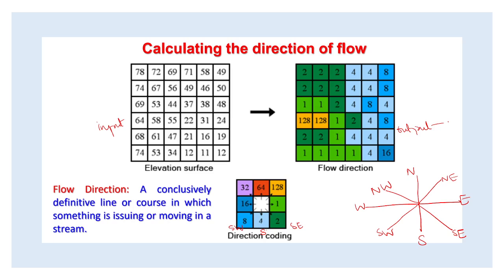For example, sir has given this example, so I'm just going to talk about this. We have a 58 here, a 61 here, and a 68 here. Among these three, 58, 61, and 68, 68 is very high.